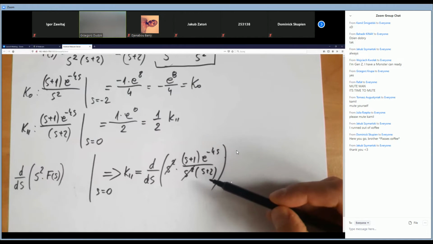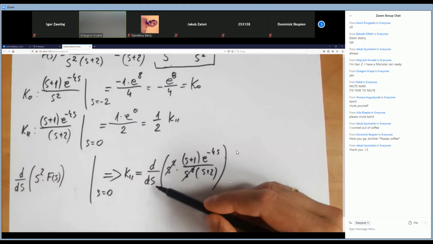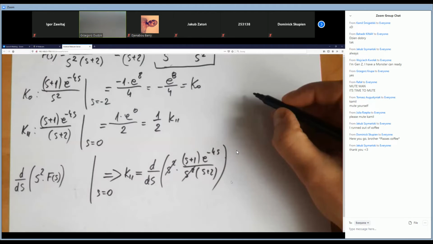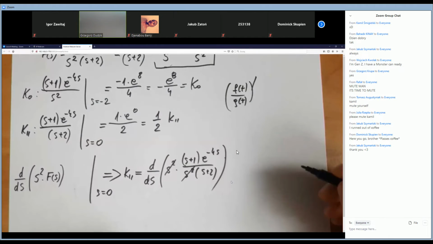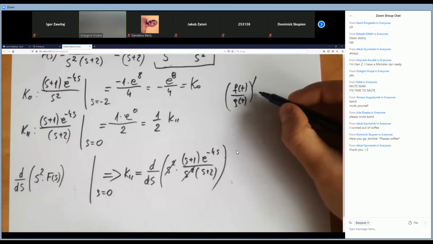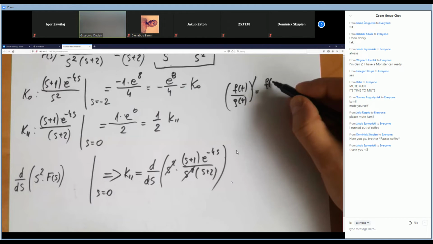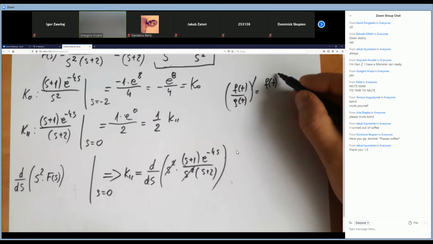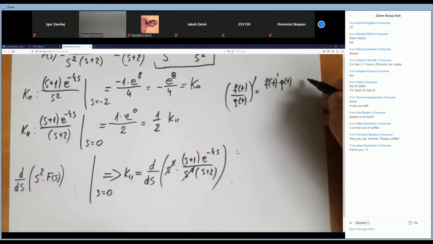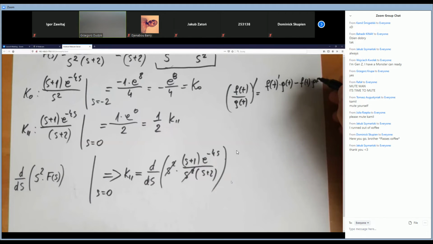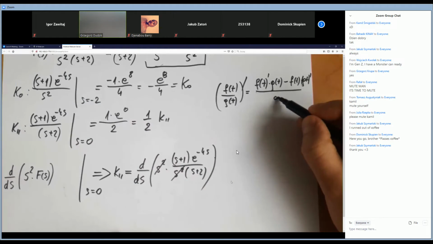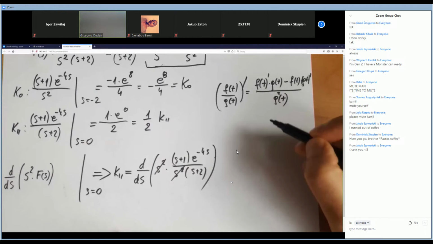If we have such a case, and we have to find the derivative of a function like f(t) over g(t), you remember that this is the derivative of f(t) times g(t), minus f(t) times the derivative of g(t), over g(t) squared. Right?